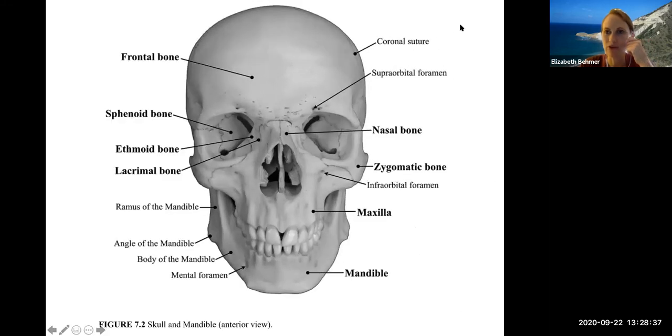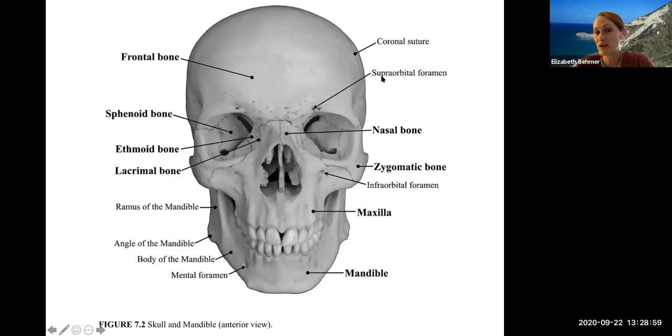Okay, so frontal view, anterior view of the face. Here's your frontal bone. You can see where the coronal suture would be. That would go across the top of the skull. That will be the joint between your frontal and parietal bones. Here's another foramen, a supraorbital foramen. The name of it tells you exactly where it's located.